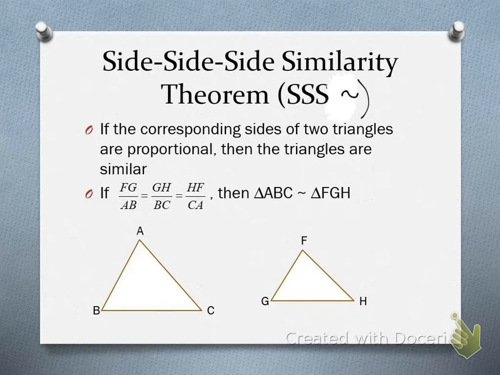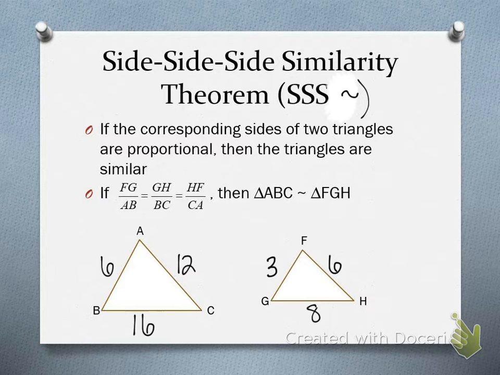If you really want to, you could give these triangles numbers. You could say, for instance, the FGH has sides of 3, 6, and 10. Nope, that wouldn't work. 3, 6, and 8. And then you could say that ABC has sides of 6, 12, and 16.